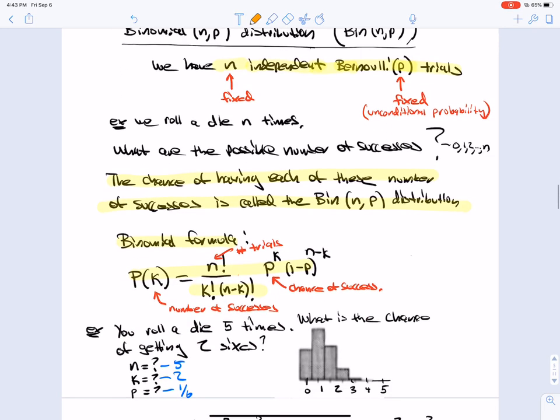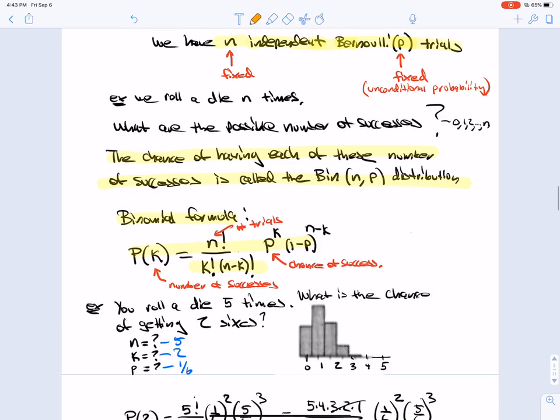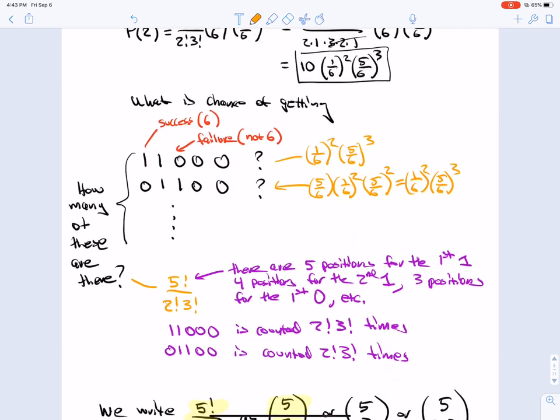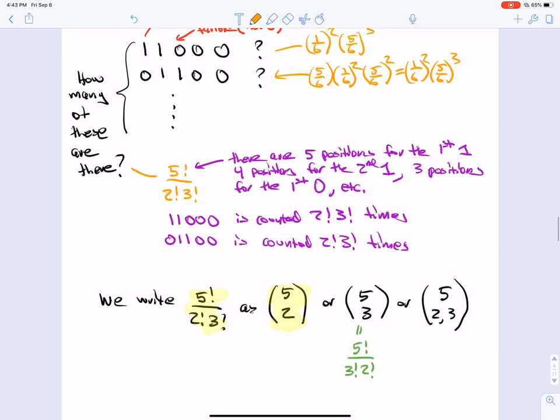And so the binomial formula gives the probability of having k successes. And I give an example and I motivate that formula, but I'm going to skip over this because that was pretty clear, I thought.